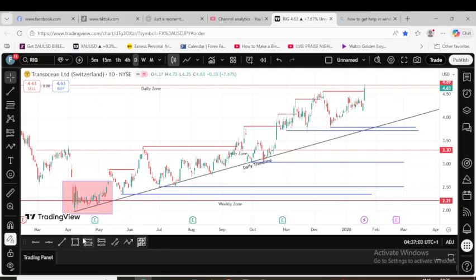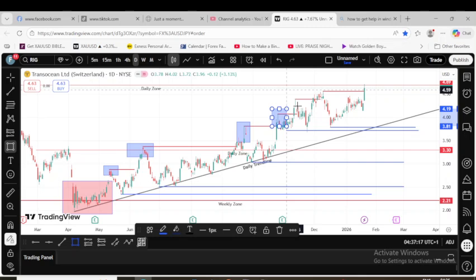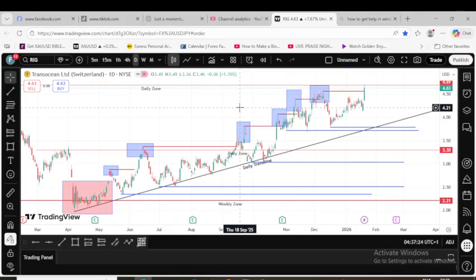So let's highlight here. Let's change the color to blue. We'll highlight here, here, here, here, and here. Those are the highest points that price got to before switching from an impulsive move to a correctional move.